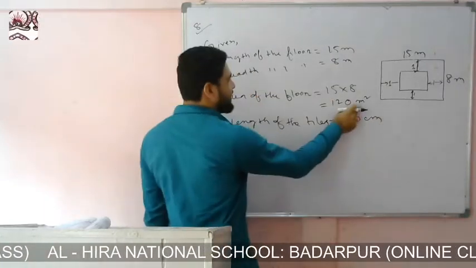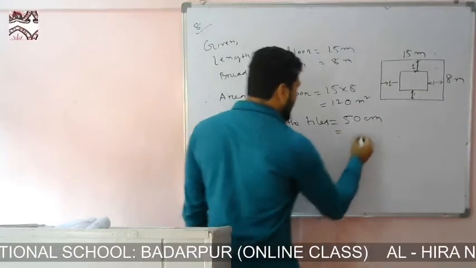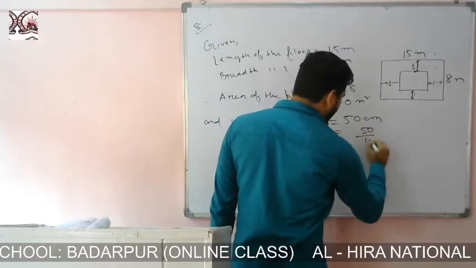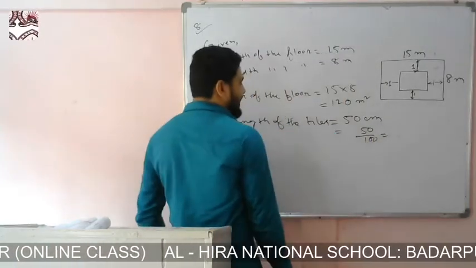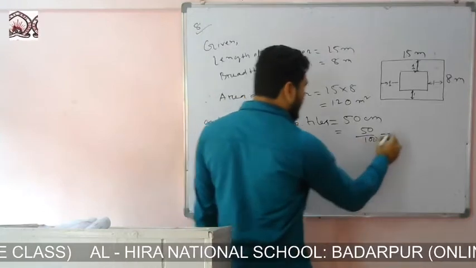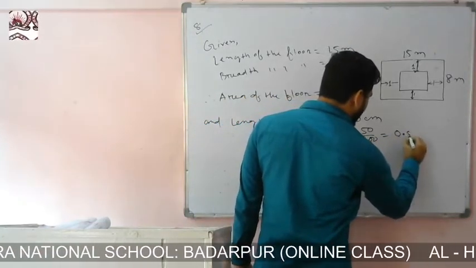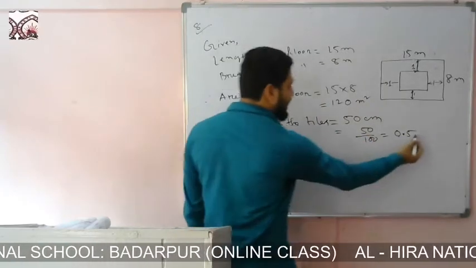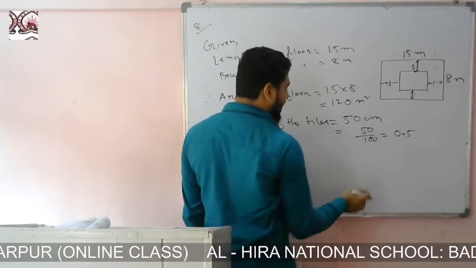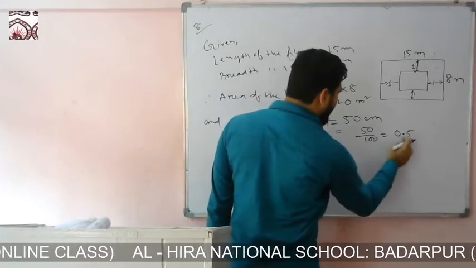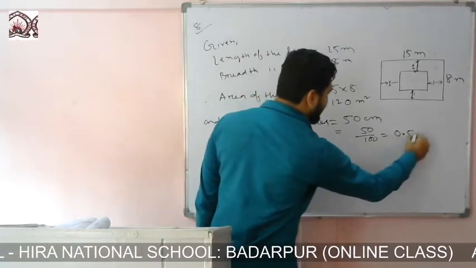Here the unit is meter, so we have to convert this one. Divide by 100, then it will convert into meter. Then 0.50 will come, so I can write 0.5 meter.